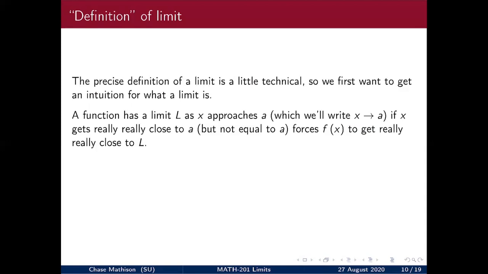Again, this is vague, and it's purposefully vague so that we can jump right into looking at limits. Later in the class, I'm going to define what I mean by really, really close. Right now, just looking at a graph or looking at a table of values is going to be enough. Okay? Does anybody have any questions about this non-technical definition of a limit?